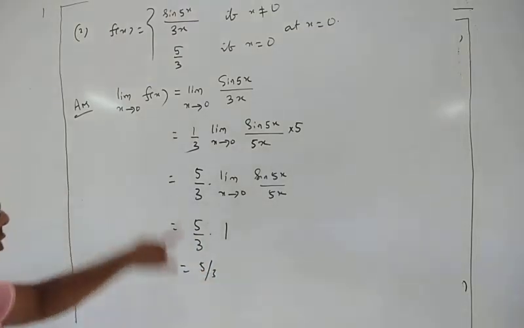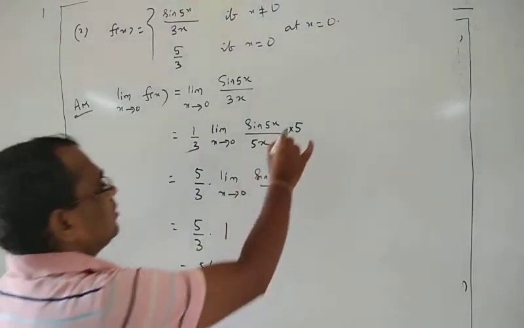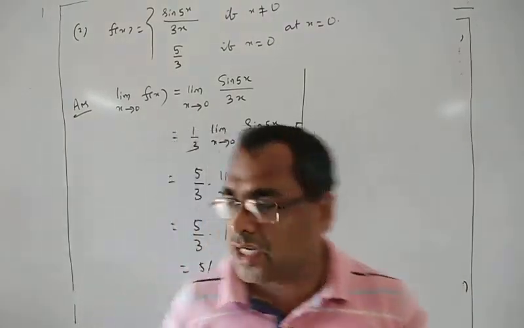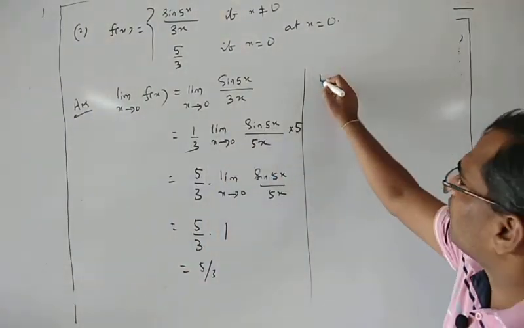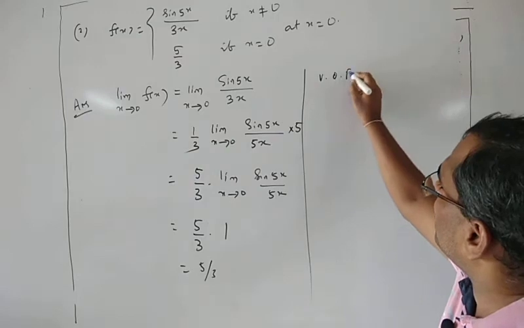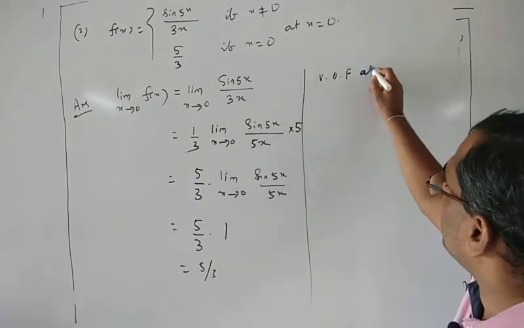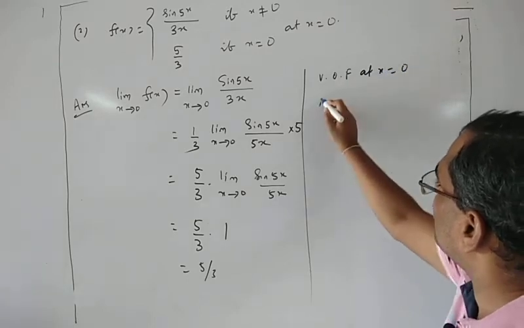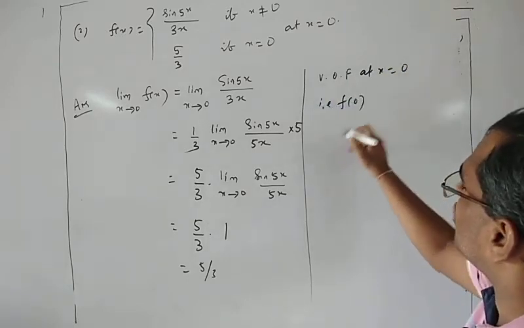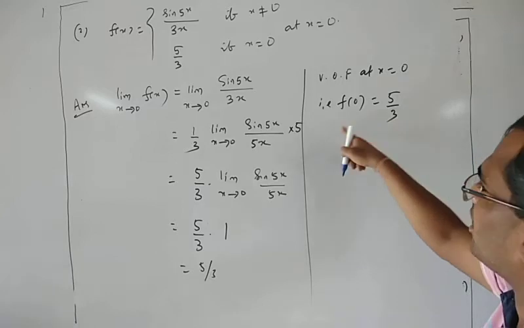So the limiting value is 5 by 3. And what is the value of the function? Value of the function, VOF, means V for value. The value of the function at x is equal to 0, that is f of 0, is given as 5 by 3.